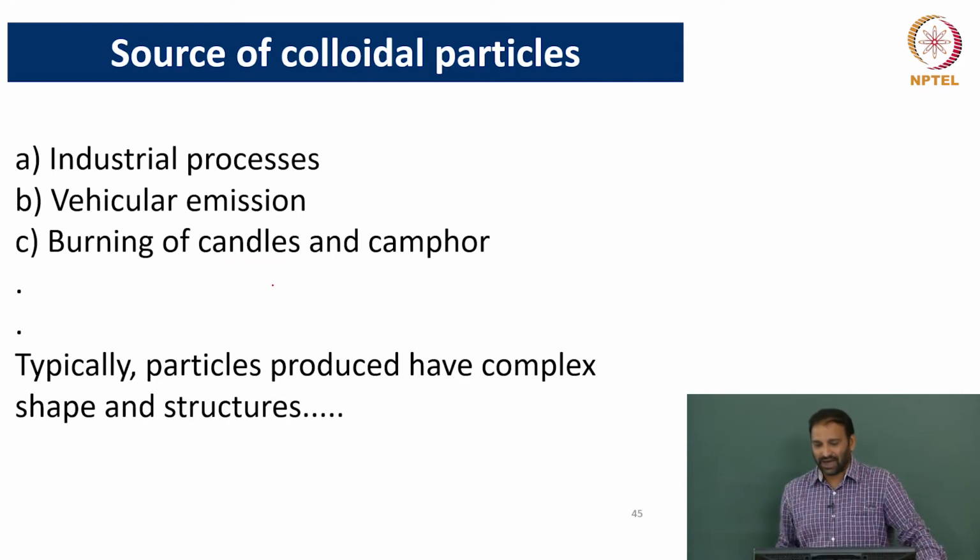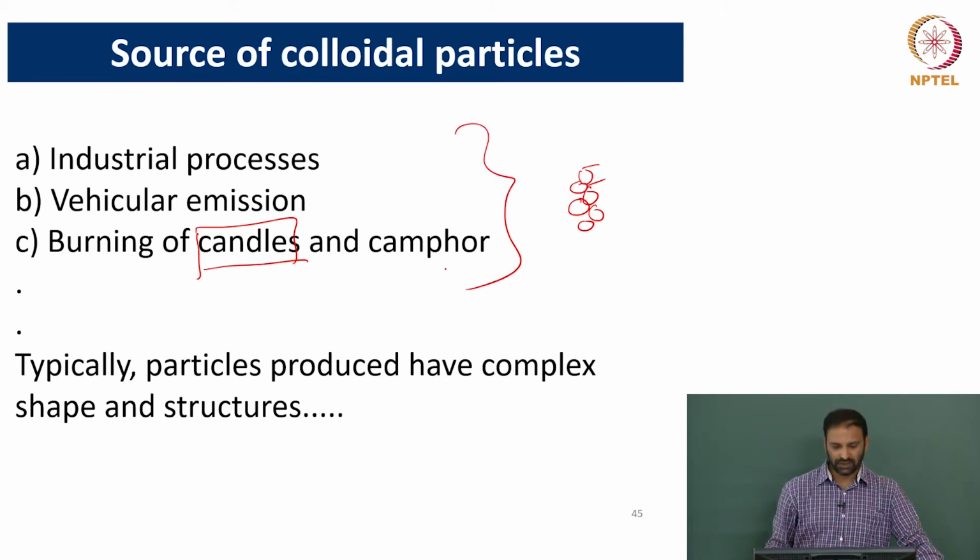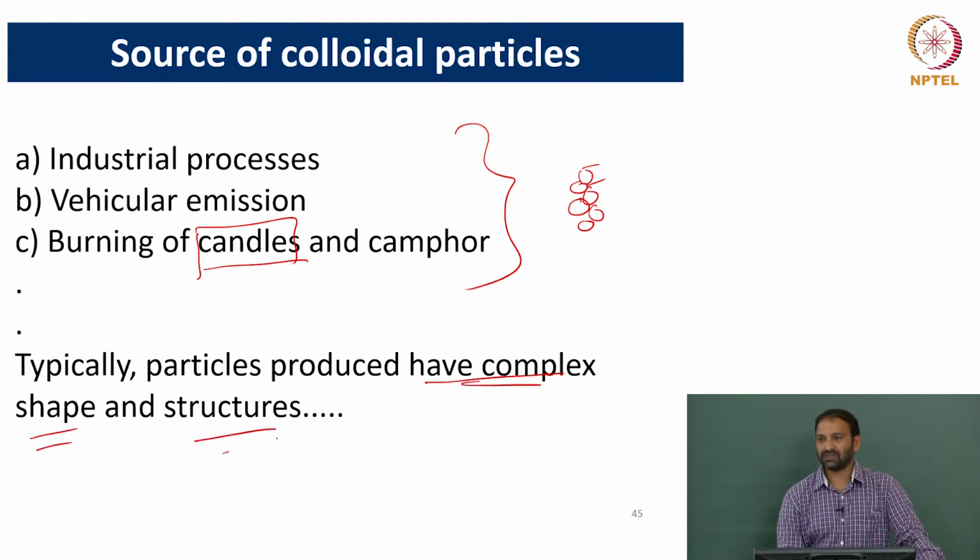However, as I showed, the particles that come when you burn a candle, I had shown a picture in which each particle is of colloidal size and colloidal length scale, but they are very complex. The particles that are produced in any of these processes have a very complex shape and structure.